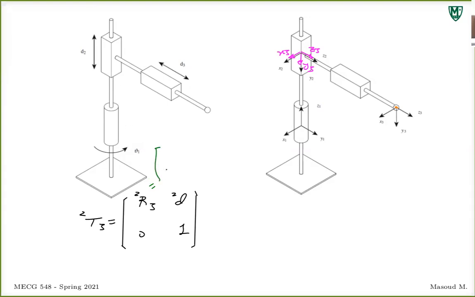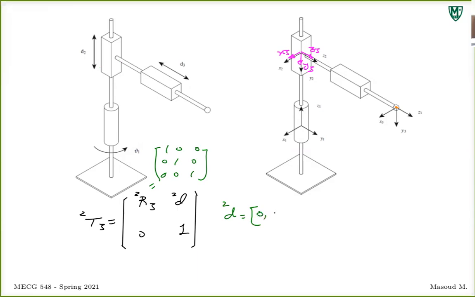Since there is no rotation, it's just an identity matrix. And your D2 becomes the translation about Z2, everything about the original frame.